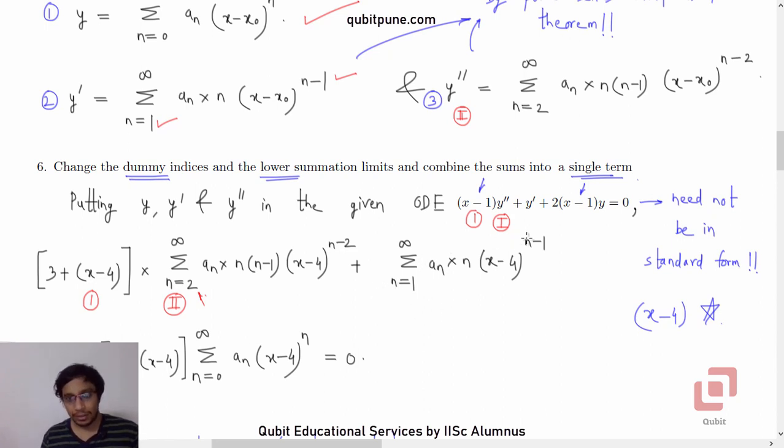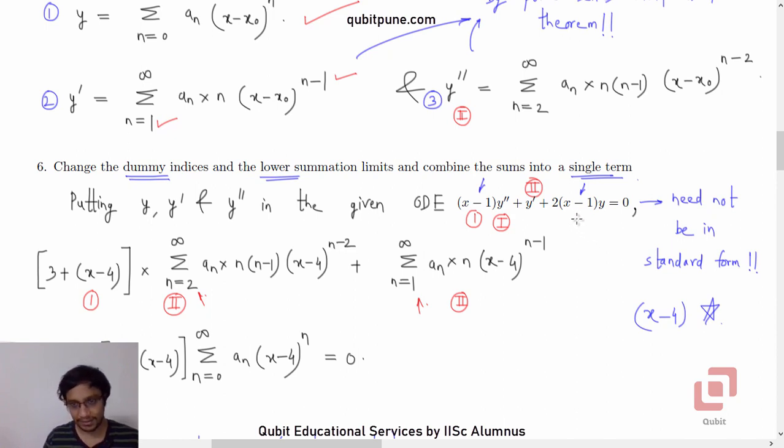Now let us go to the next term, which is y prime. So let's use the Roman 2, a n into x minus 4 to the power n minus 1. This is the summand. The limits on n are 1 to infinity. Again note that a naught is 0, so we can write it as from 1 to infinity. Then let us go to the term 2 times x minus 1.